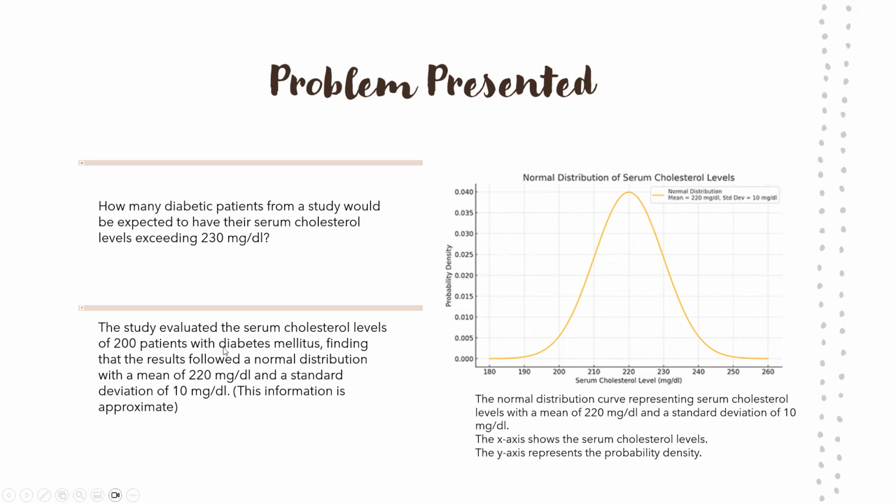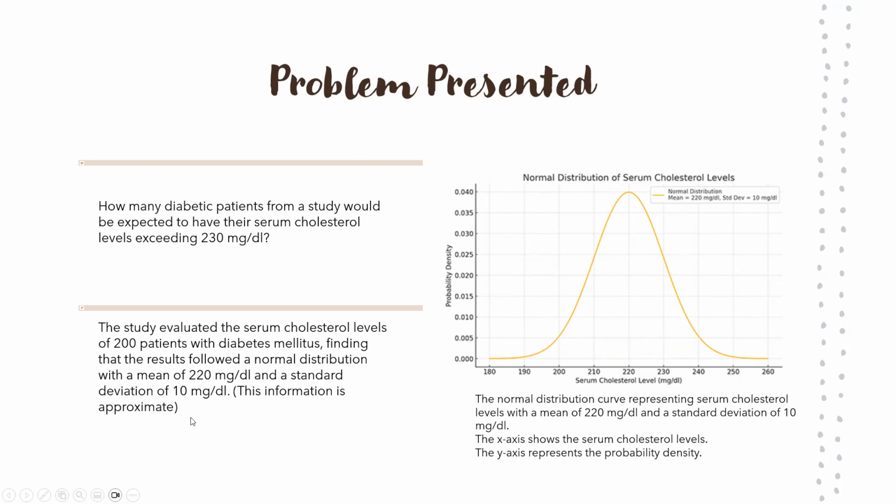These are those patients who were diabetic and their serum cholesterol level was evaluated. The results followed a normal distribution with a mean of 220 milligram per deciliter and a standard deviation of 10 milligram per deciliter. So this is the mean and this is the standard deviation.